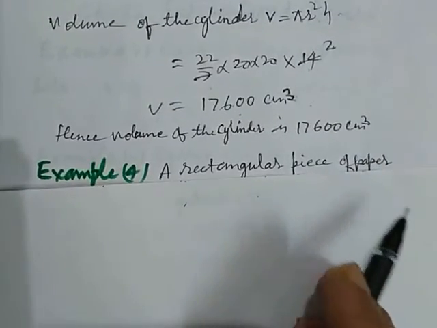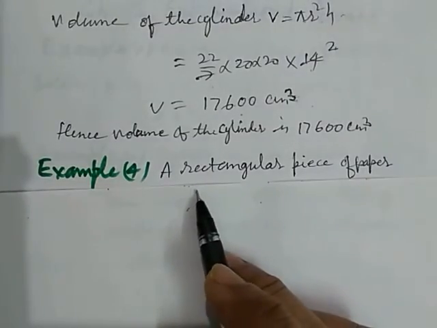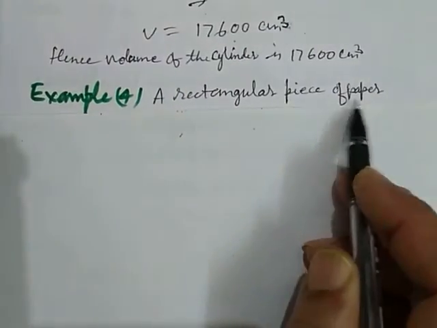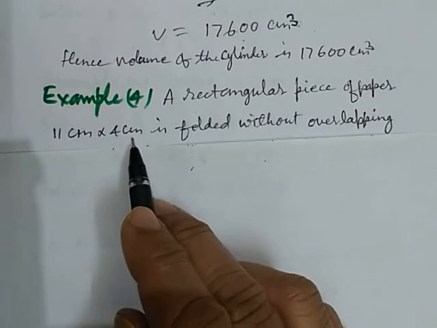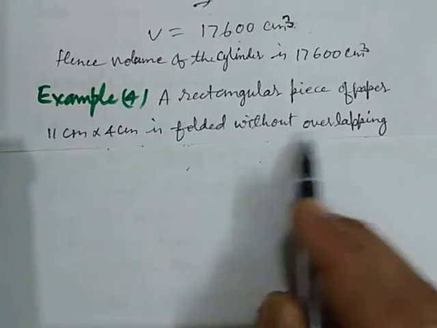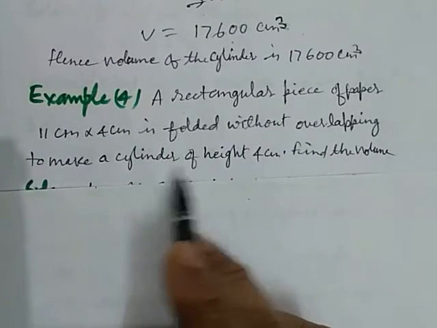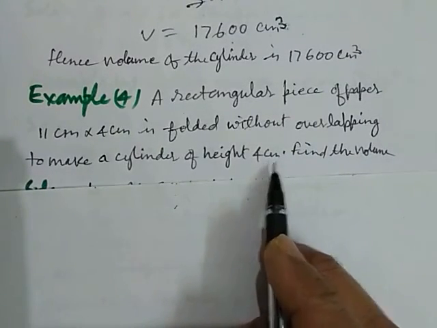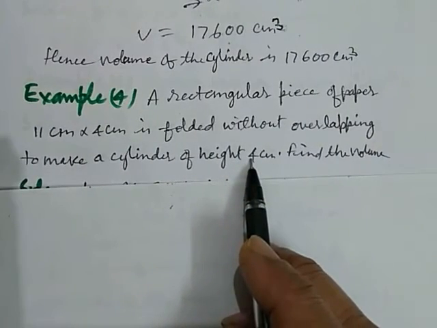Now we take one more example to clear the things. A rectangular piece of paper 11 centimeter into 4 centimeter is folded without overlapping to make a cylinder of height 4 centimeter. How? This 4 centimeter width becomes the height of the cylinder.